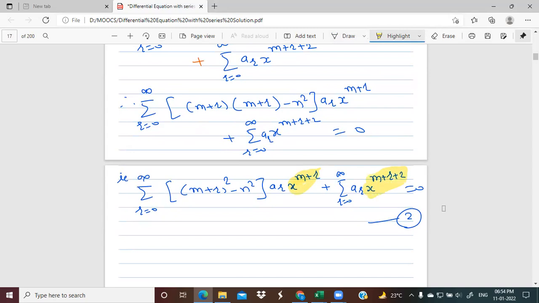If I put r equal to 0, then we get the lowest degree term, that is x raised to power m. For the second term we are not getting the lowest degree, because if we put r equal to 0, we get the m plus 2 term. Therefore I put r equal to 0 for the first term, to get the lowest degree.